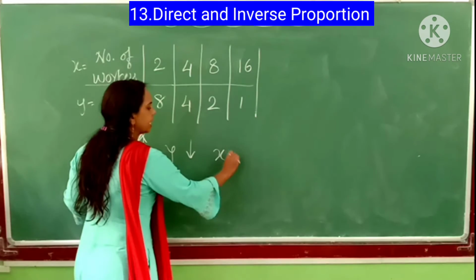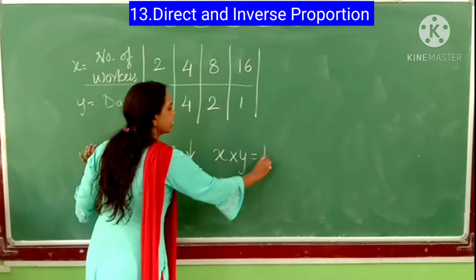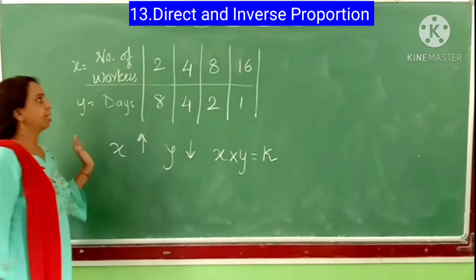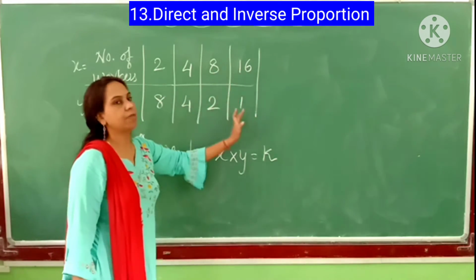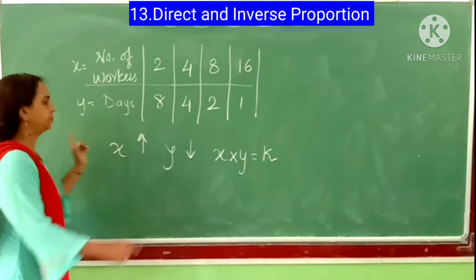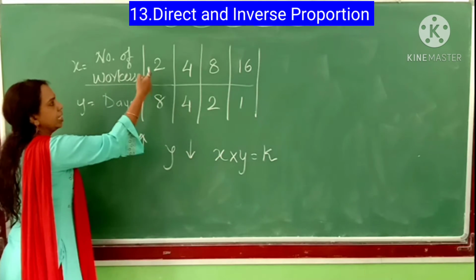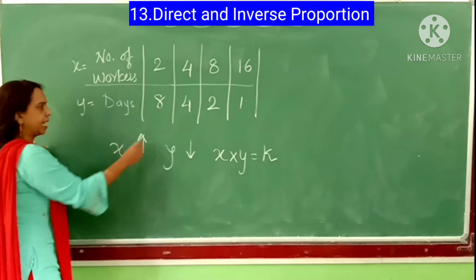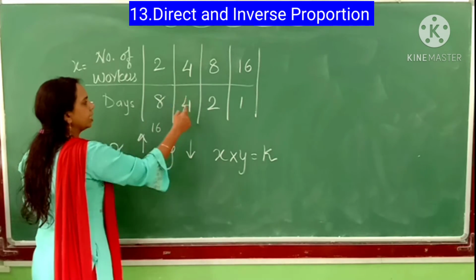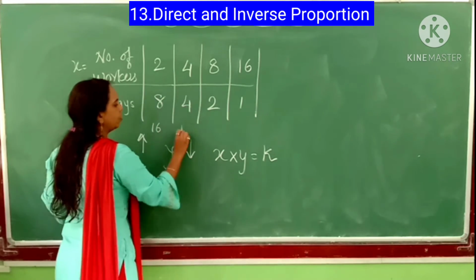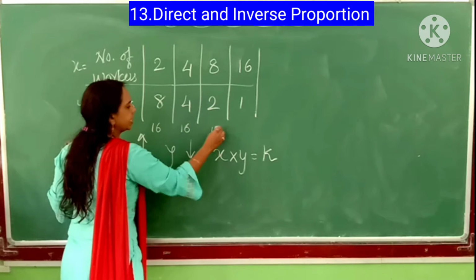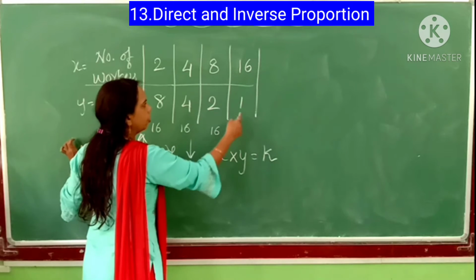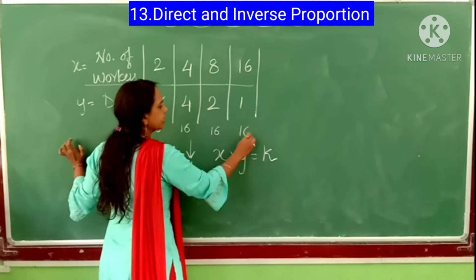If it is x1 and y1, x2, y2, x3, y3, x4, y4, we'll check it out. What is x1 y1? x1 into y1 is 2 into 8, that is 16. x2 into y2, that is 4 into 4, that is 16. x3 into y3, that is 8 into 2, is 16. x4 into y4, that is 16 into 1, is 16.